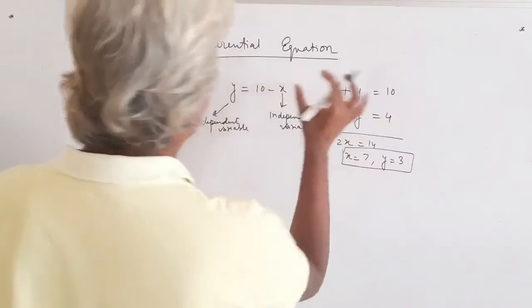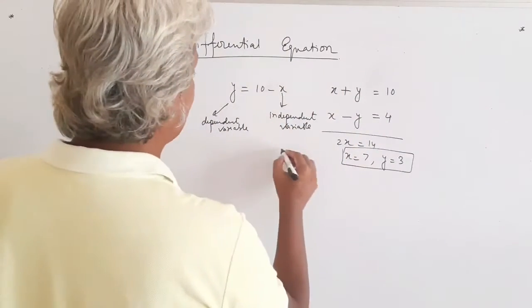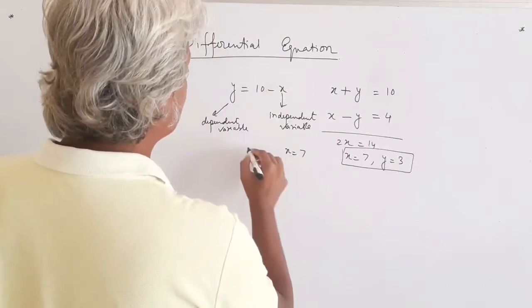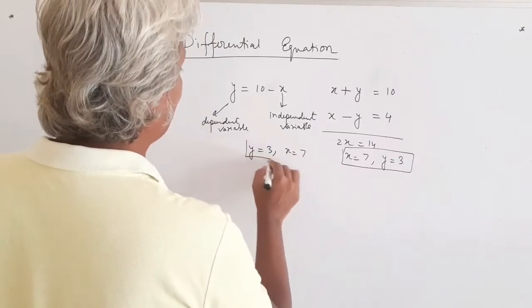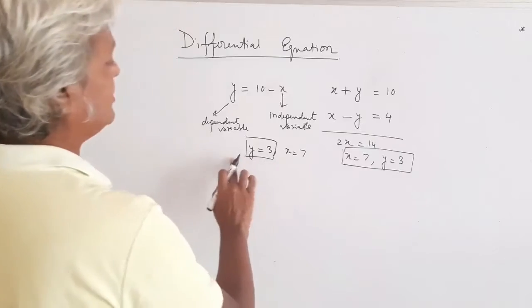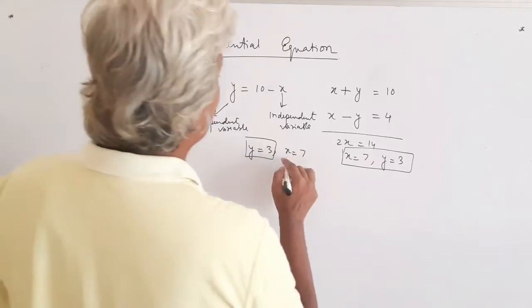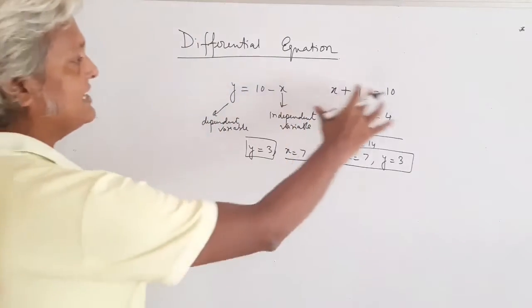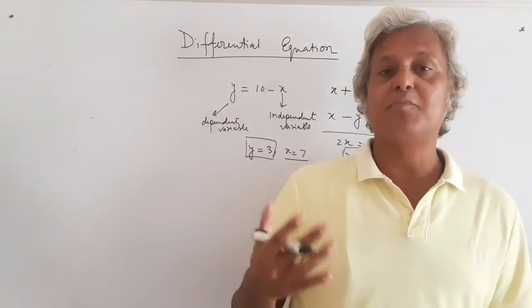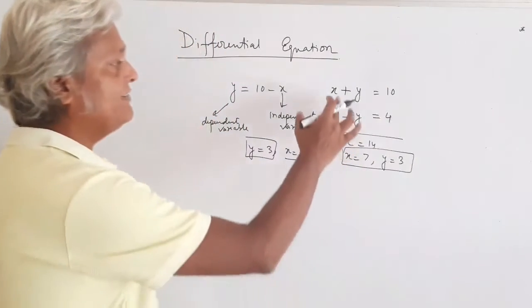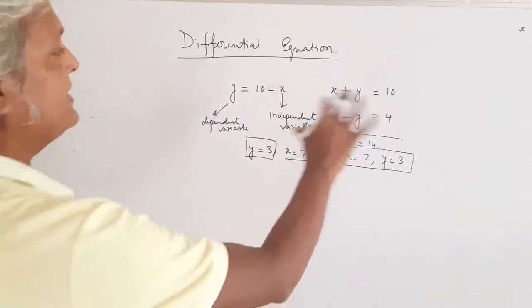You choose any arbitrary value for it, like suppose x is 7, then the corresponding value of y we get is 3. So the value of y, 3, depends on the value of x, 7. So in these kinds of normal equations, our equations comprise independent variables and dependent variables.